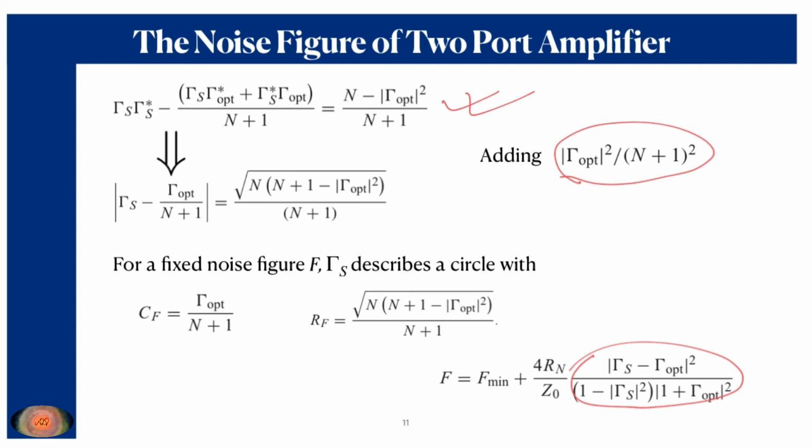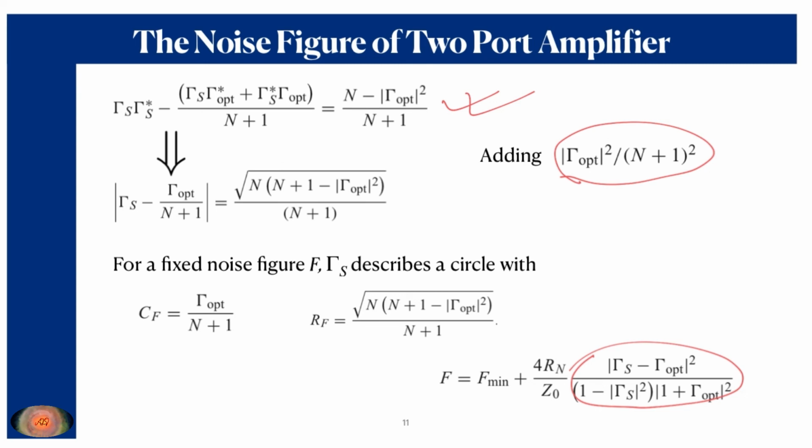In this case also, if you superimpose the circle associated with this gamma s and the noise figure, then the inside of the circle and the outside of the circle may define different situations according to the requirement.